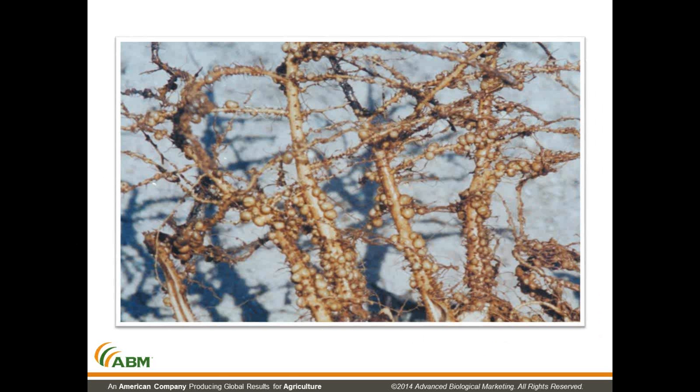When we look at nodules on a soybean plant, what you see right here would be typical of what you might see with resident rhizobiums that may be already in the soils or our other competitors' types of rhizobium. A lot of our competitors will go to the USDA bank and just pull out Bradyrhizobium that's actually open to other industries, but these are not the strains that ABM uses.